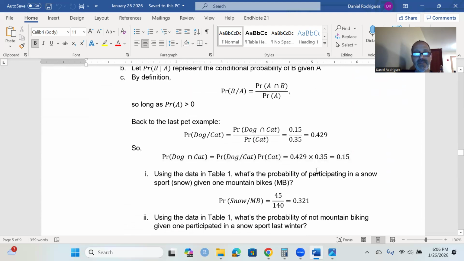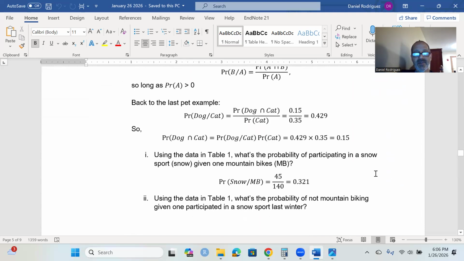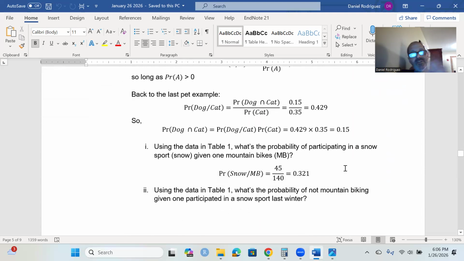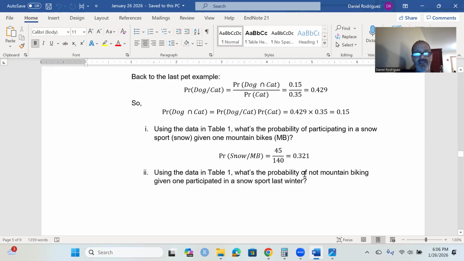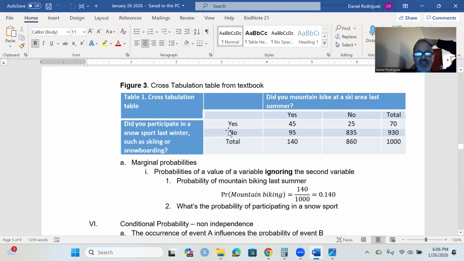All right. So using the data in table 1, what's the probability of participating in a snow sport given one mountain bikes? Using the table, there's two ways we can do this. We can do it using the equation, but we can also use the table. First thing I would do is restrict my sample to those who mountain bike.